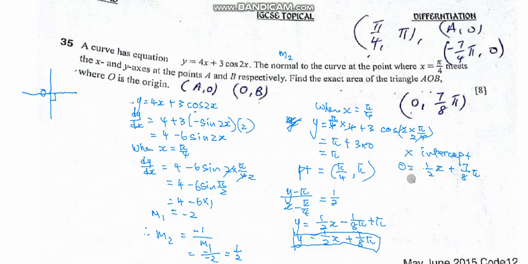Bring half x over here, and there's a negative: minus half x equals 7 over 8 pi.